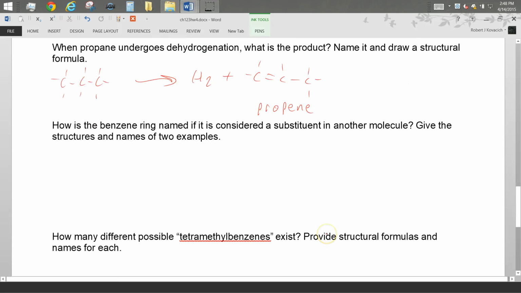How is benzene ring named? If it is considered a substituent or another molecule, give an example and name the example structures. Okay. So how do we name it? As a phenol? Okay. So we can do something like that. It doesn't really matter.